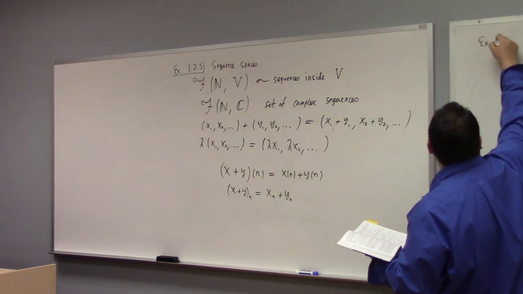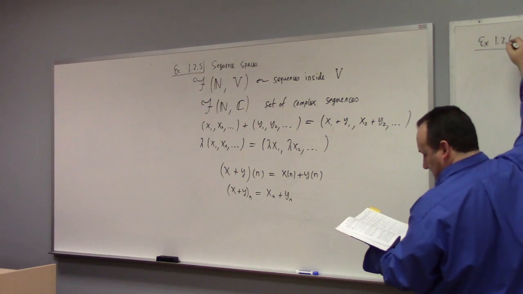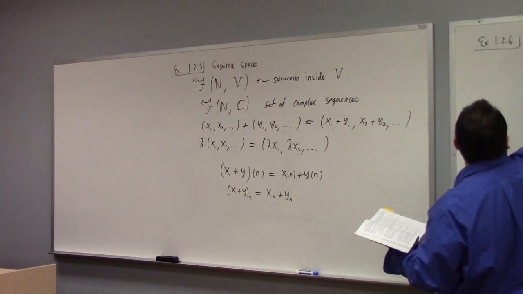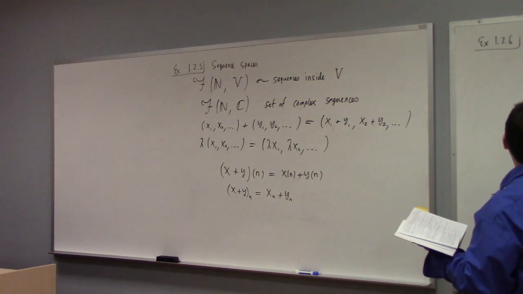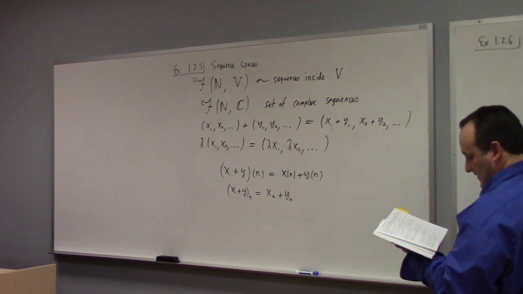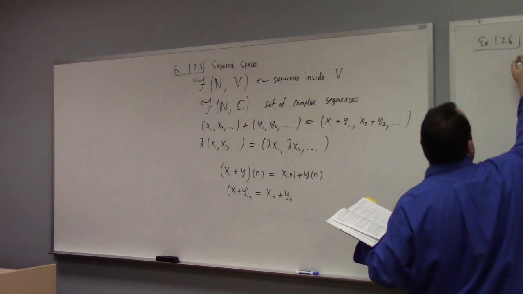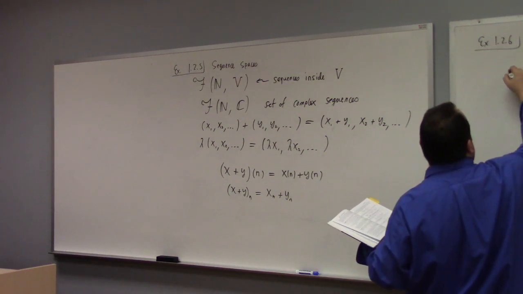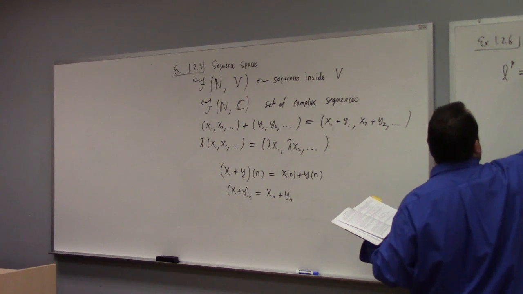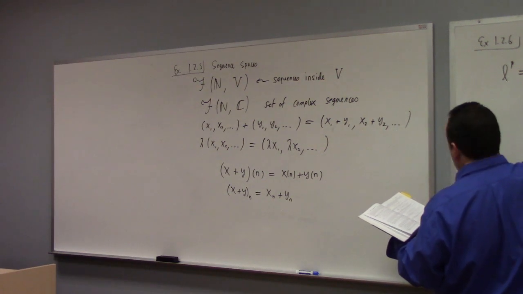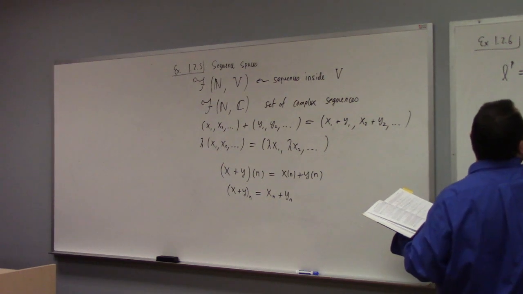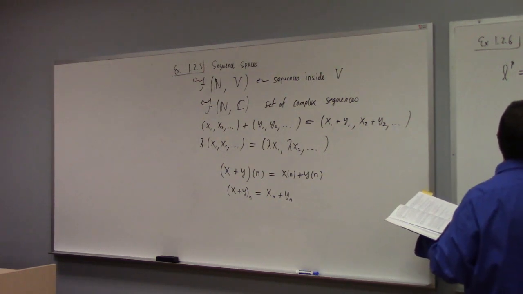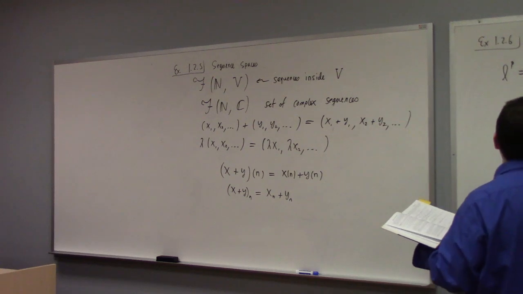So this is example 1.2.6. Here we have LP for P. What does this mean? It's the space of all infinite sequences of complex numbers. I'll put LP equals, let's say z in the functions from the natural numbers to the complex numbers, such that what?